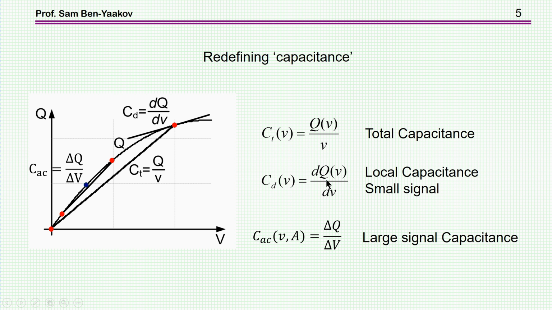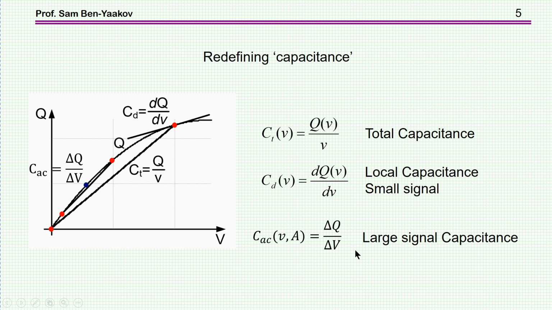That is, the dQ/dV, the slope here. And this should be measured, of course, with a small signal, as small as possible, to really get the slope. Because if it is not a small signal, you are not getting the actual slope, you'll get something else, which I'll talk about in a minute. So this is the small signal capacitance definition.